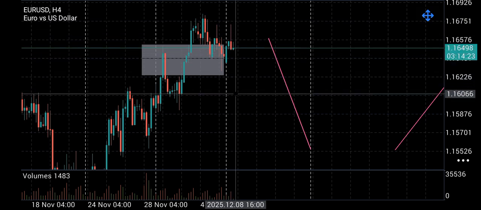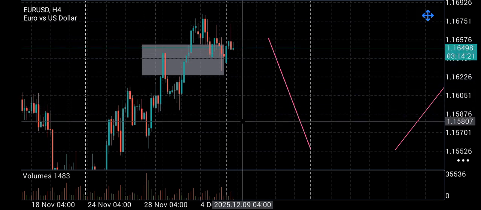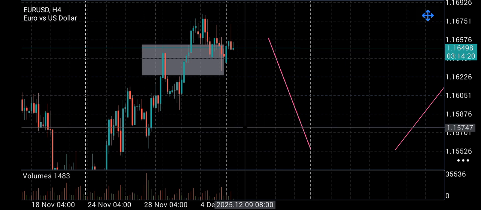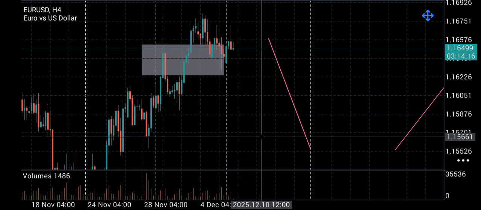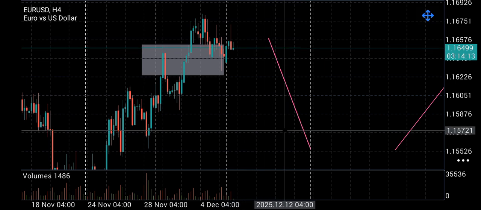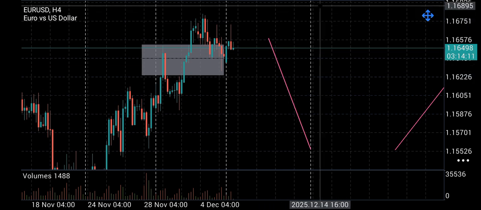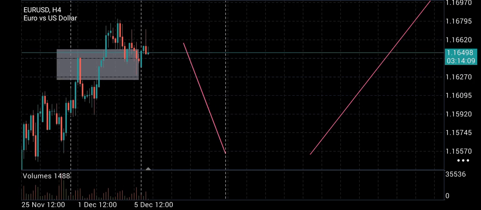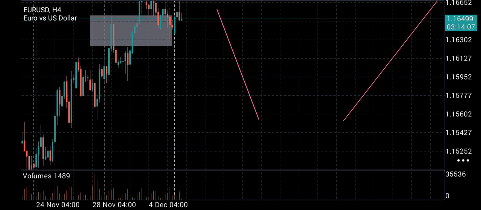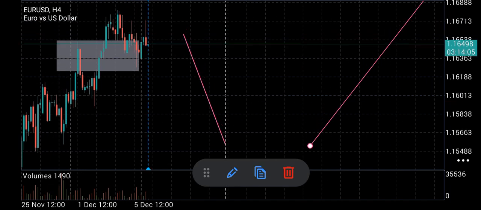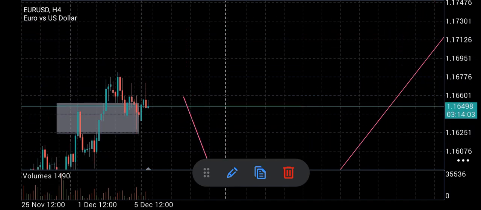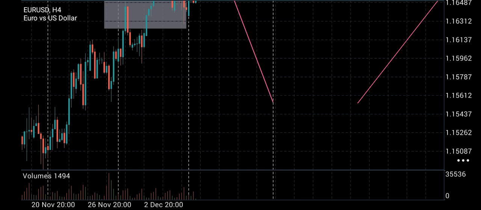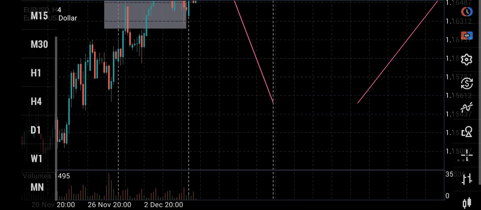So I expect this market to trade down all the way, and then from here, possibly this week or next week, then it's going to continue, and then push to the upside. That is my projection.